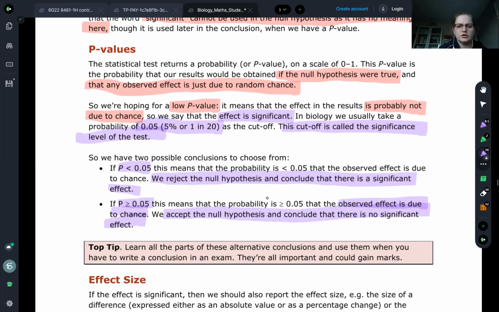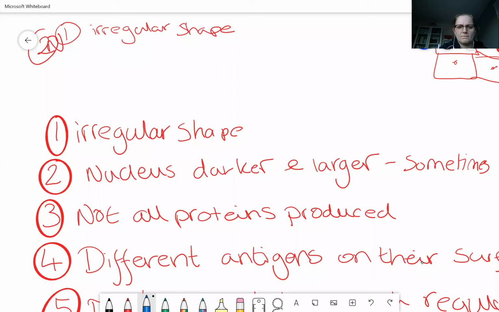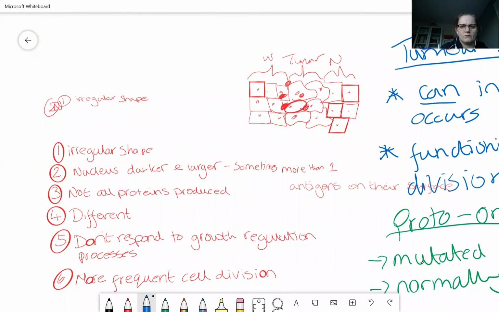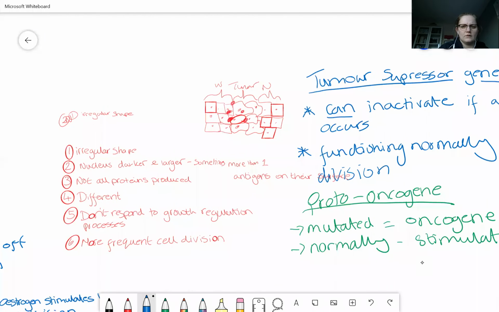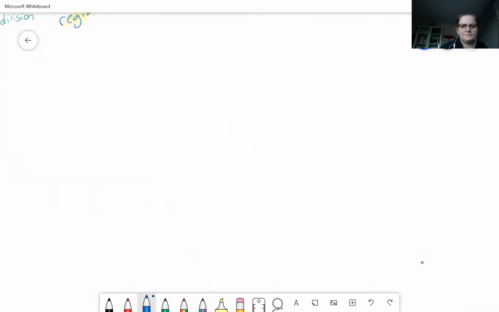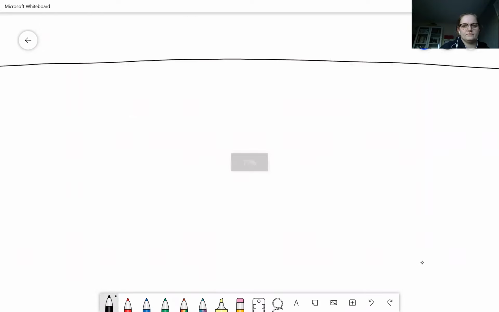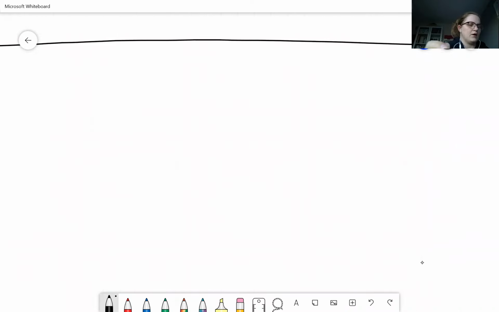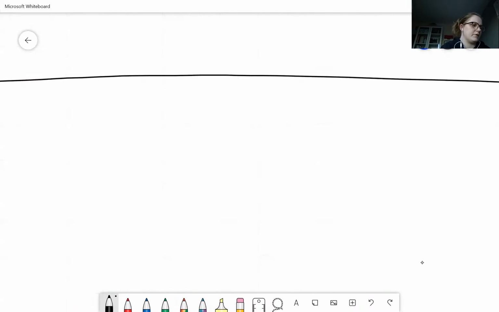I'm just going to do a new screen share. So our p-value is 0.05.